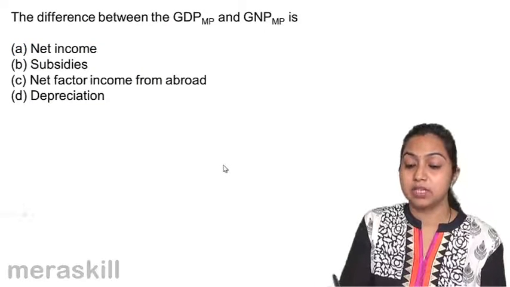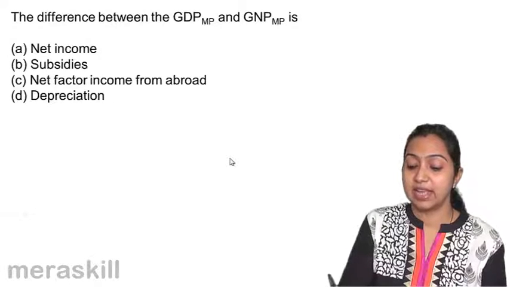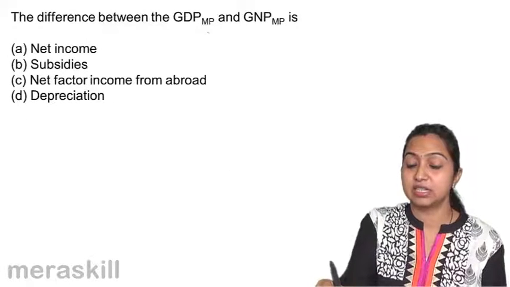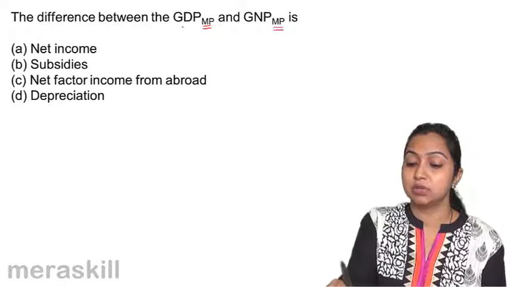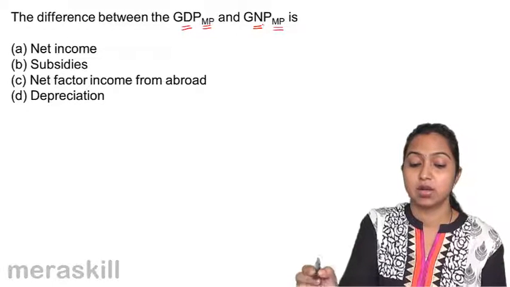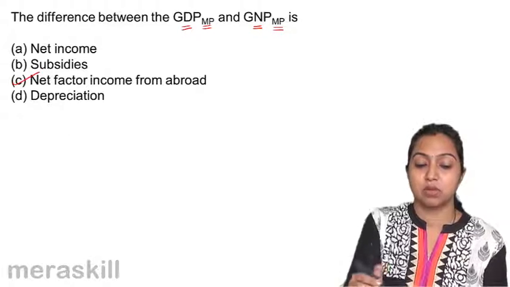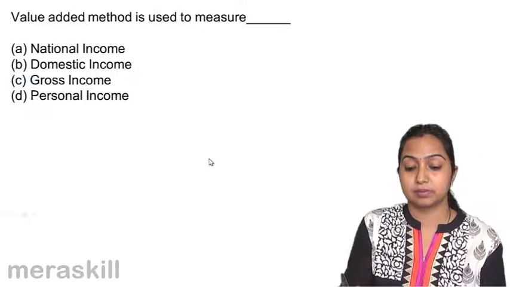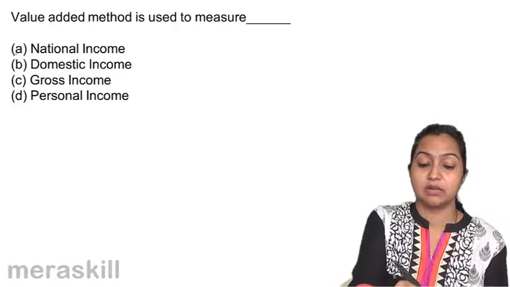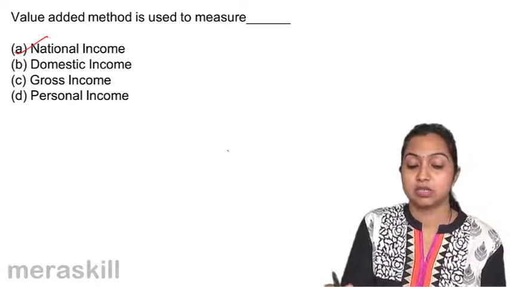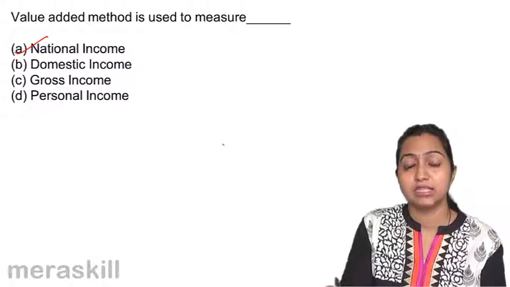The difference between GDP at market price and GNP at market price is again the same that we had seen earlier. Earlier it was factor cost, this time it is market price. The difference between domestic and national is net factor income from abroad. Value added method is used to measure national income. Value added method is also known as production method.